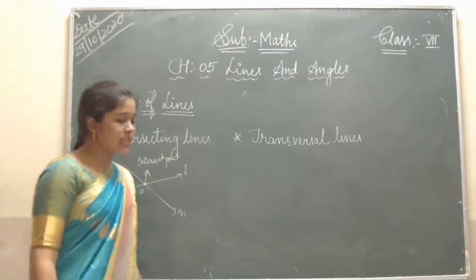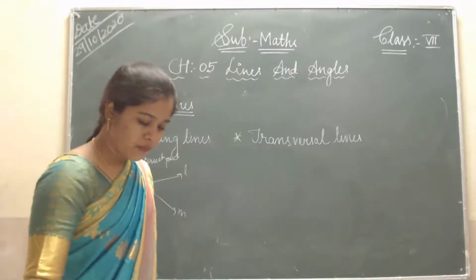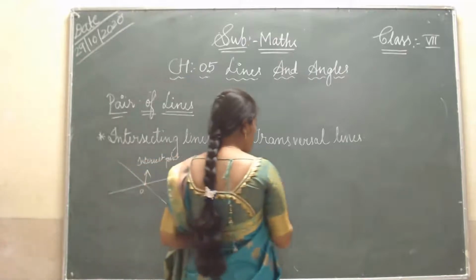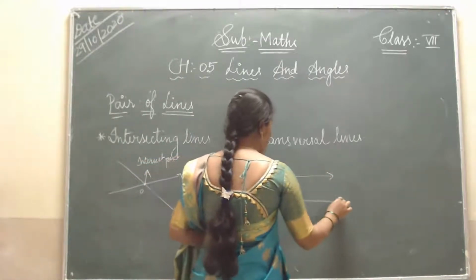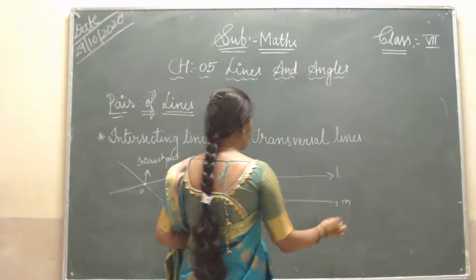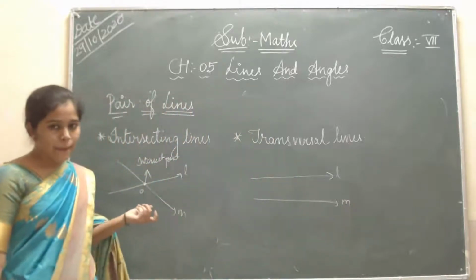Next, transversal line. See here, two lines L and M. There are two lines. These lines are parallel lines.